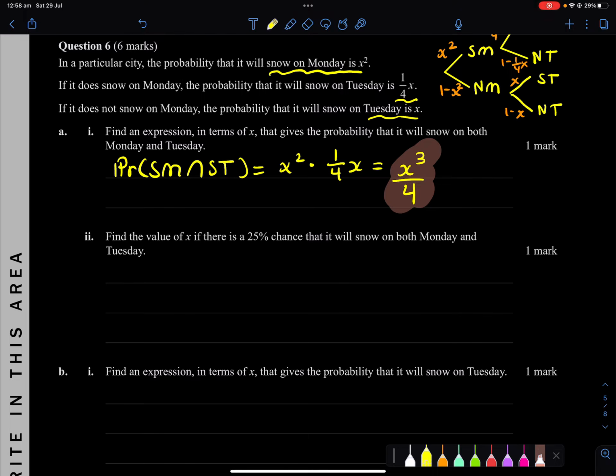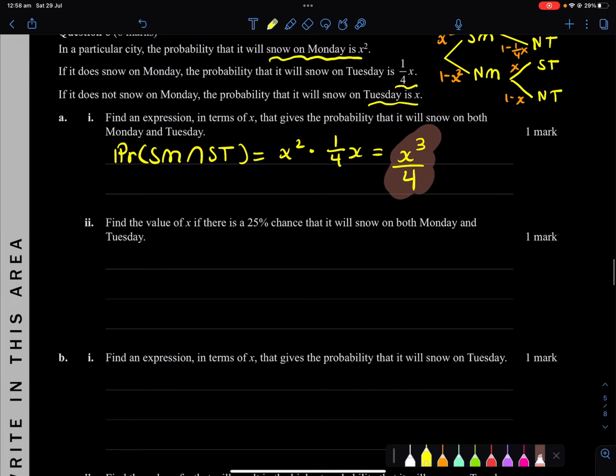Next one. Find the value of x if there is a 25% chance that it will snow on both Monday and Tuesday. We already know that the probability of SM intersection ST is equal to x cubed over 4.